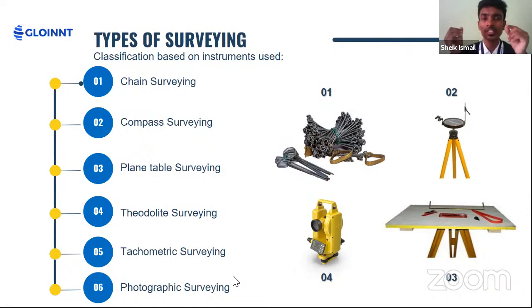Compass surveying helps you to understand the bearings, and with the help of bearings, you can calculate the distance between two objects, and it will help you to navigate from one place to another place also. It gives you the perfect direction.